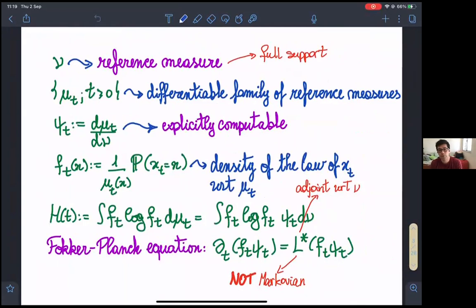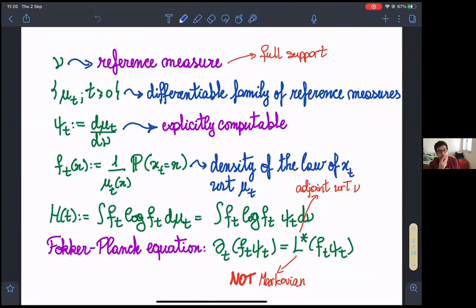In general, I'm going to call a probability measure a reference measure if it has full support. Then I'm going to fix a differentiable family of reference measures mu_t. Differentiable means differentiable with respect to t, so mu_t(x) is differentiable as a function of t for any x in the state space of the Markov chain.